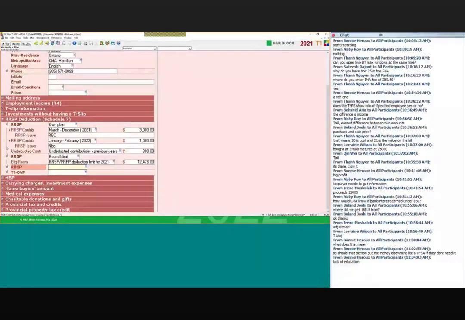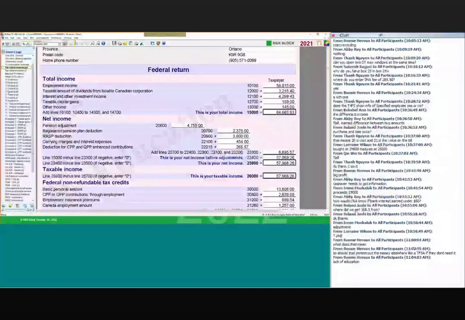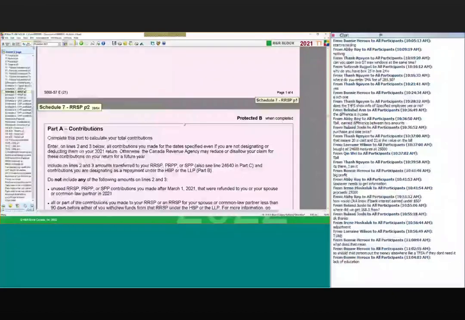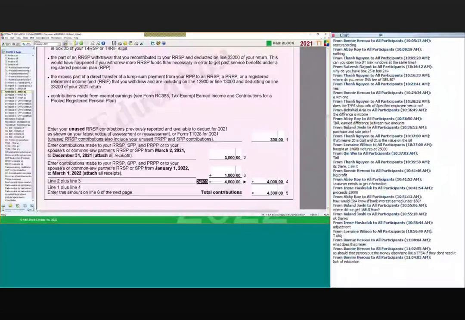So let's double check our entries for the RSP. We have two areas to look at. We have the Schedule 7. Let's go to the Schedule 7 and make sure that it shows what we expect. Lillian had undeducted contributions. Here are her contributions made in the first 10 months and then the last 2 months of the period.